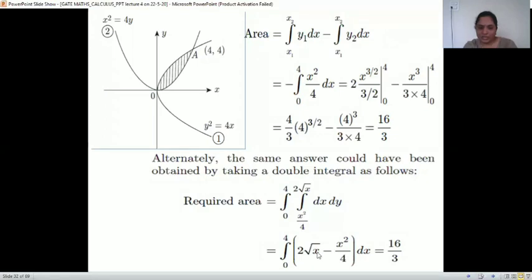Integrating again, we get x raised to 3 by 2 upon 3 by 2 minus x cube by 3. Take care of the 4 and 2 and apply the limits 0 to 4. We'll get 16 by 3 as the answer.